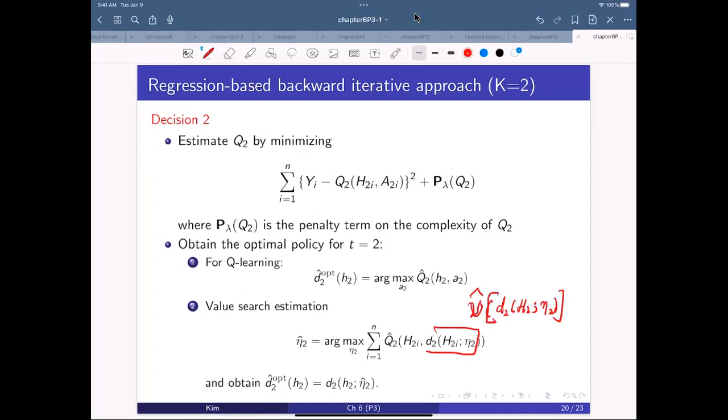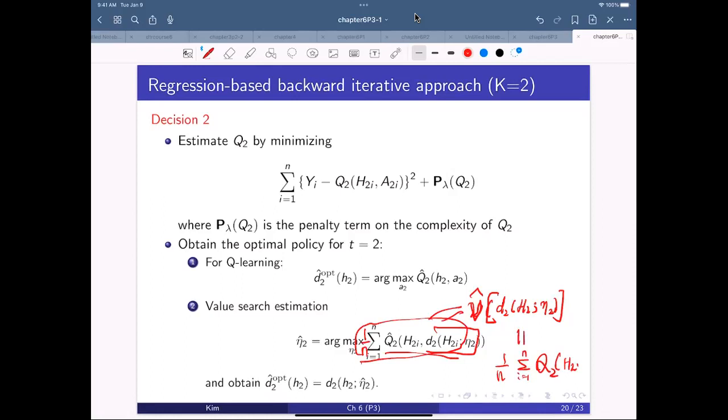How can you compute this using Q if you estimate the Q? Because you already know the conditional expectation, you can compute Q2 evaluated at H2i. My point is that if you have 1 over n here, this guy is equal to this.